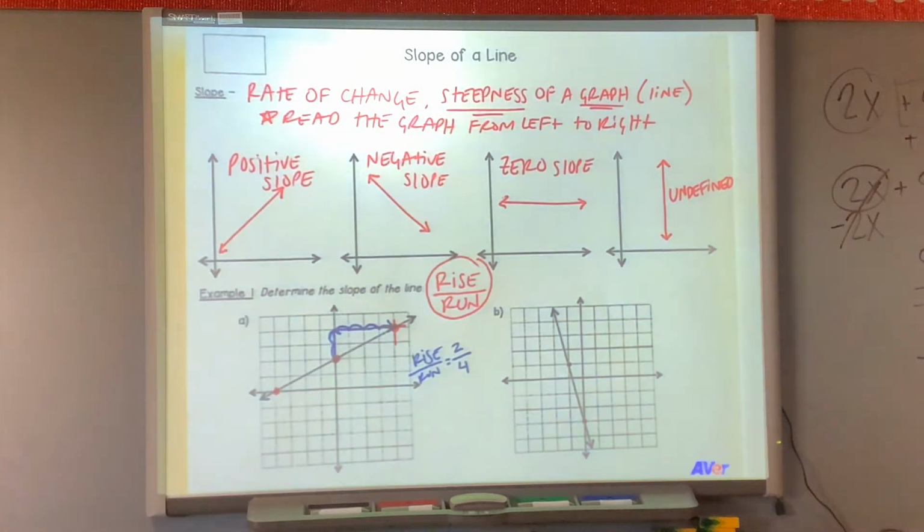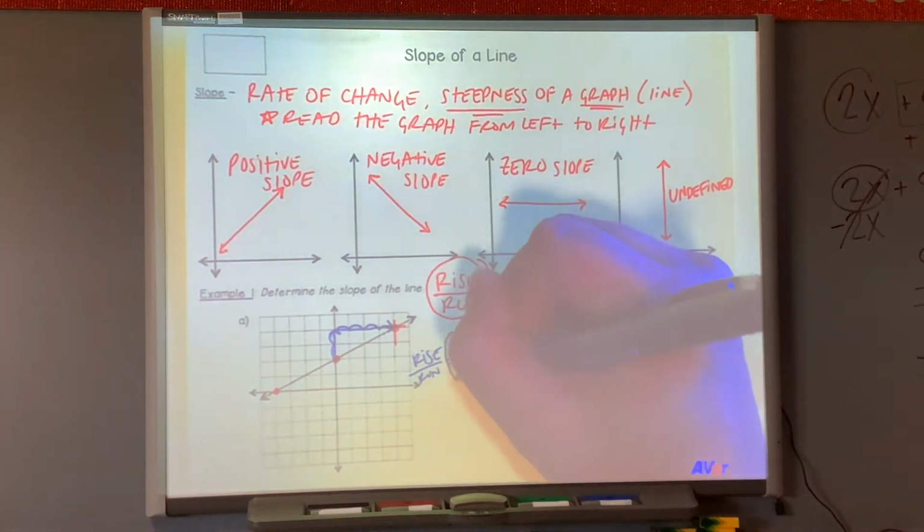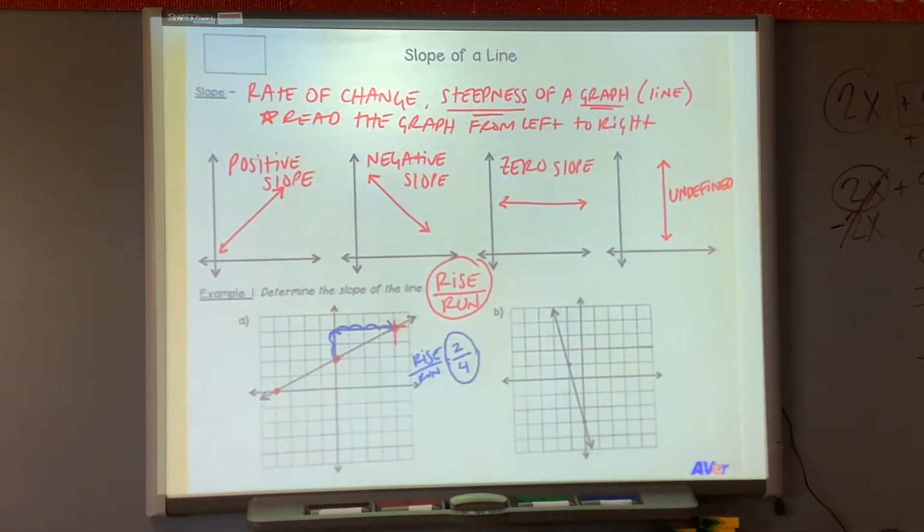However, what I need you guys to get in the habit of is reducing this fraction, not to decimal form, just reducing. 2 over 4 does create 1/2 in the calculator.